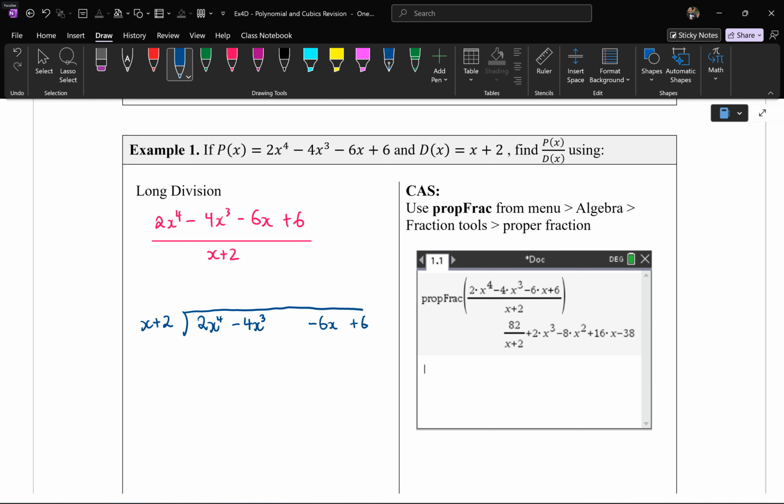For those who did this last year, you would have noticed when you don't have one of the powers, so x squared is missing, it might help you to write in 0x squared. You may have learned a shortcut too. You could have done it through synthetic division, but I'm sticking to what VCAA wants you to know, which is long division by polynomial division. So this is the way we're going to do it.